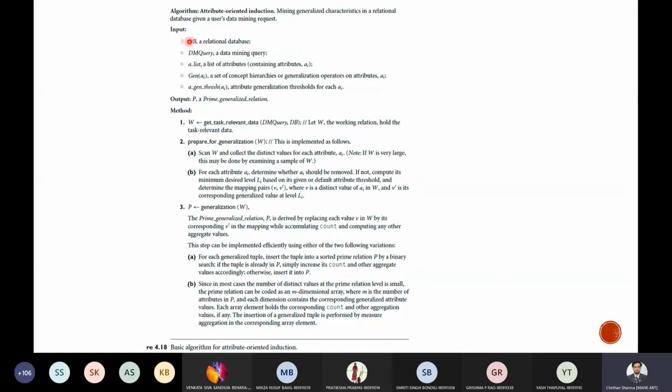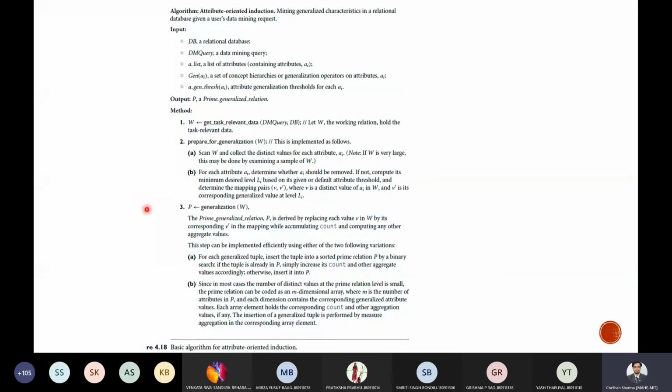If you use a standard database and the query is constructed well, this step is expected to have good performance in general. Step 2 is collecting the statistics on the working relation. You have to scan the entire relation once and see the number of distinct values for each of the attributes.